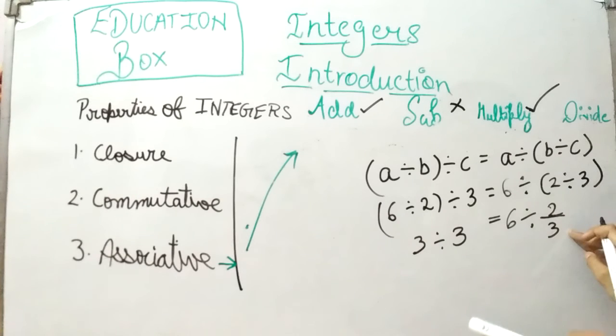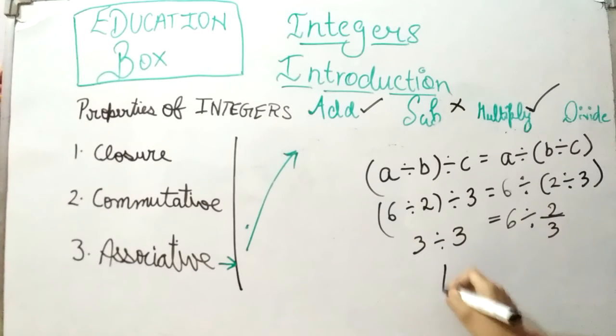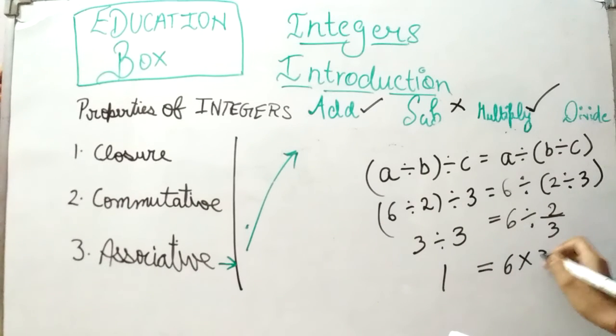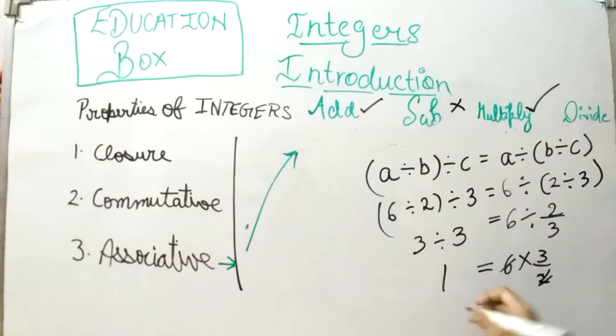Here we can solve this further: our answer will come 6 into 3 upon 2, which is equal to 9. So we can say that the left hand side is not equal to the right hand side. So in division, the associative property does not hold.